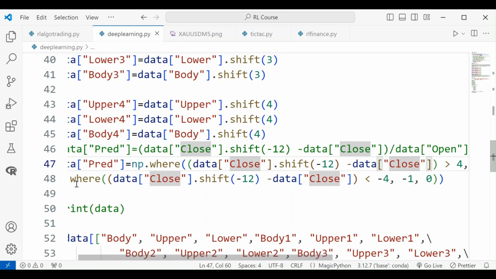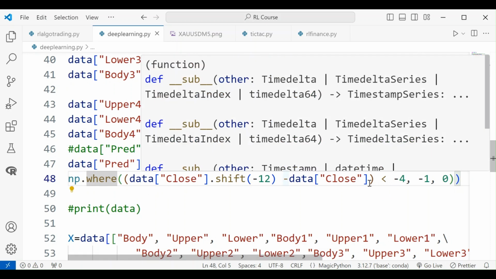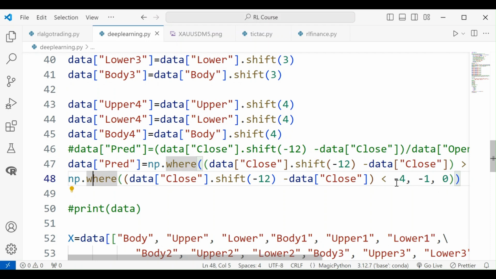And if np.where(data.close.shift(12) - data.close falls more than minus $4 in the next candle, I should sell, right? And if it is between 4 and minus 4, let's say the price moves by $2, then I should just hold, do nothing. So I have included this.